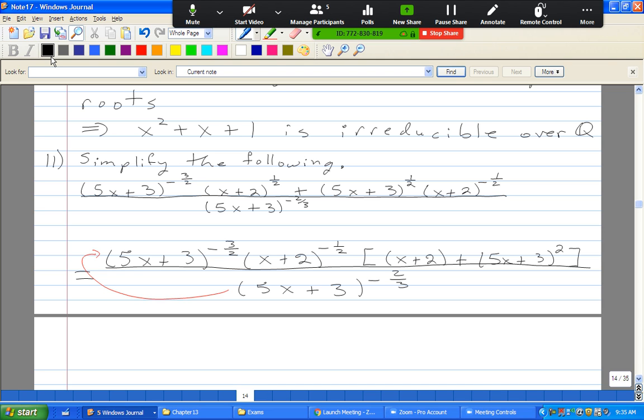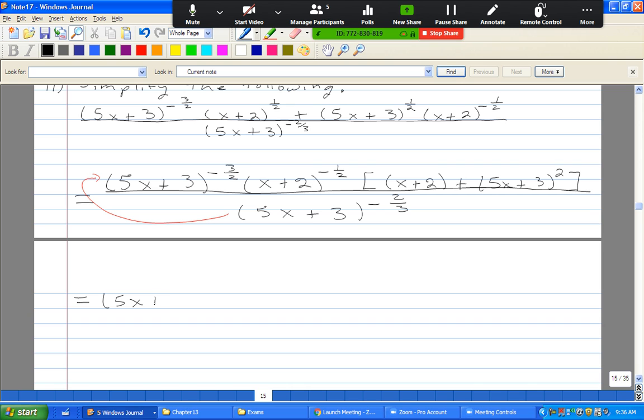And so this will equal 5x plus 3, now to the positive 2/3, times the 5x plus 3 to the negative 3/2 times x plus 2 to the negative 1/2. Let me simplify what's inside. So this will be x plus 2. Squaring out, this will be 25x squared plus 30x plus 9.